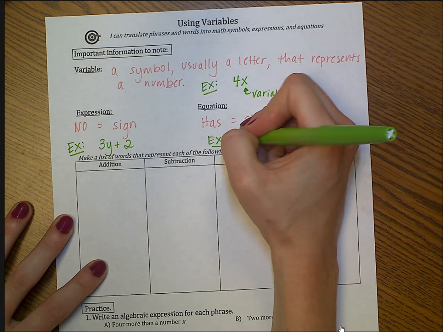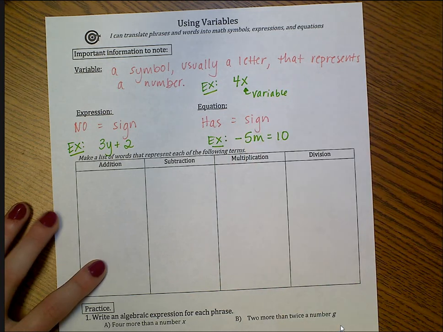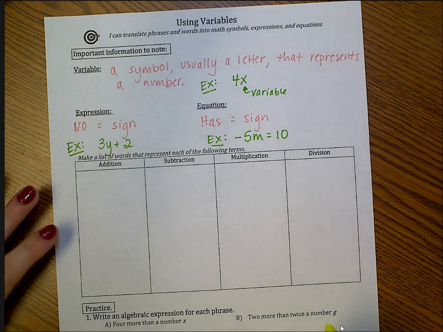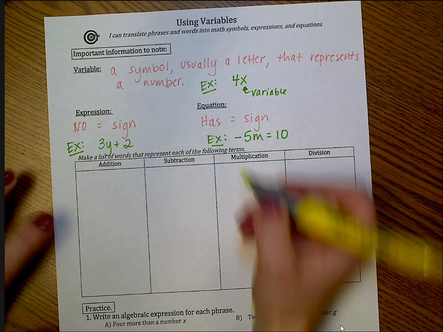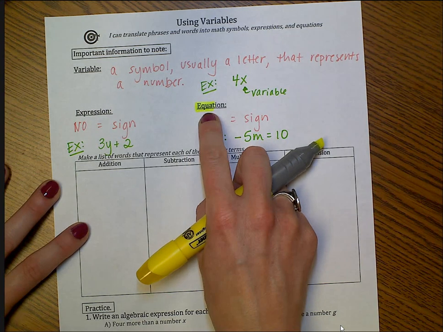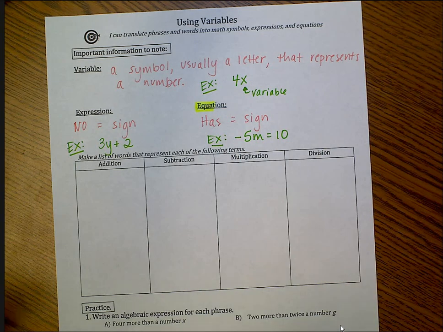So maybe something like negative 5m equals 10. A really easy way to remember which one has the equal sign and which one doesn't: the word equation almost has the full word equal in it. If you can remember that, you've got a sure way to remember which one has the equal sign.